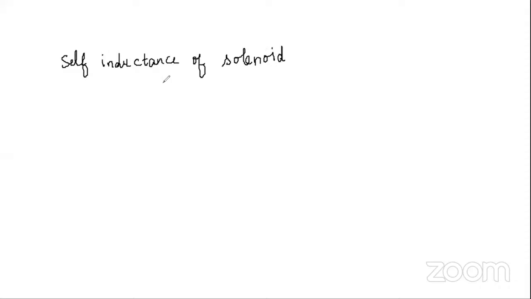What is the formula for the self-inductance of a solenoid? So that is given by L equal to mu naught N squared A divided by L. So here what is N? N is the number of turns in the solenoid. So N is the number of turns.